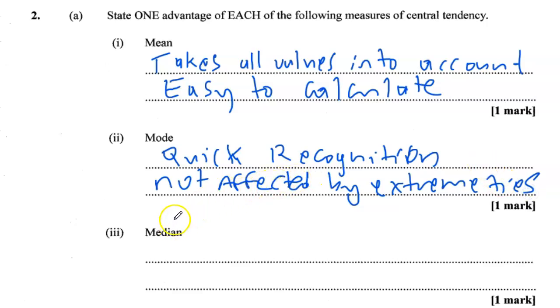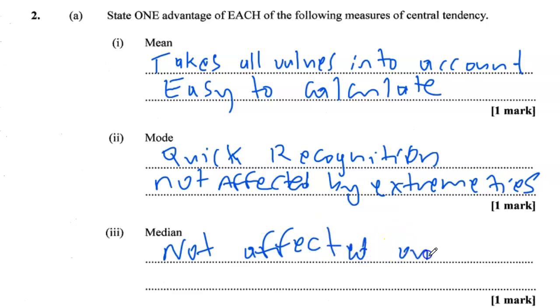The median, again, is not affected by outliers. Remember, the median is the middle number, so it's not affected by the outliers. Also, it's not affected by the skewness of the data.